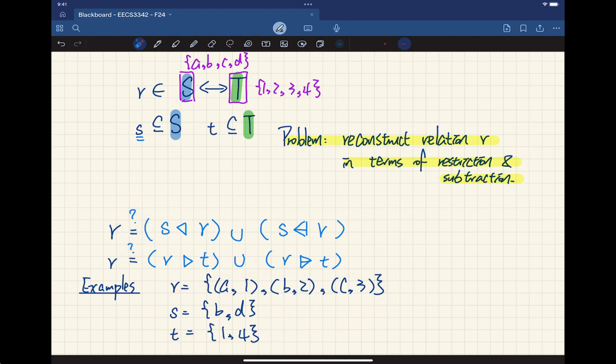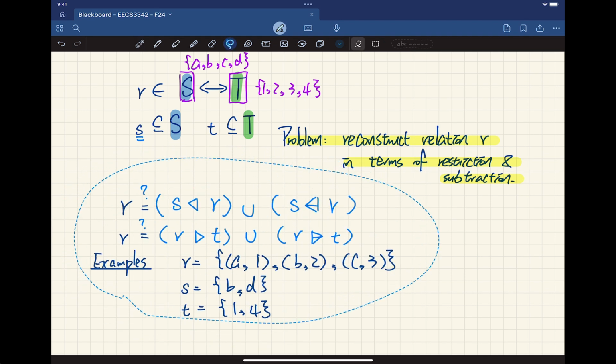Number 2, does this hold in general? That's something I would like you to think about. Okay, that's the video exercise for you. If you want me to verify your answer or check some understanding, reach out.